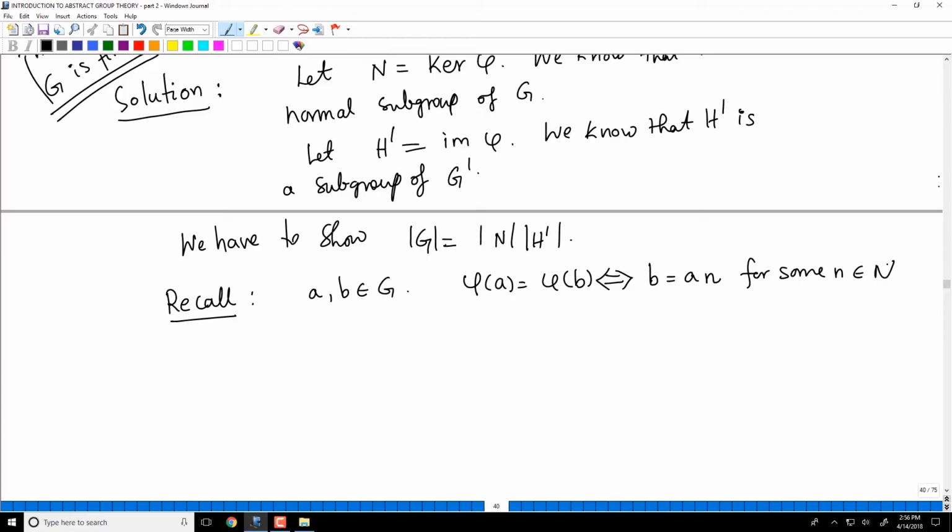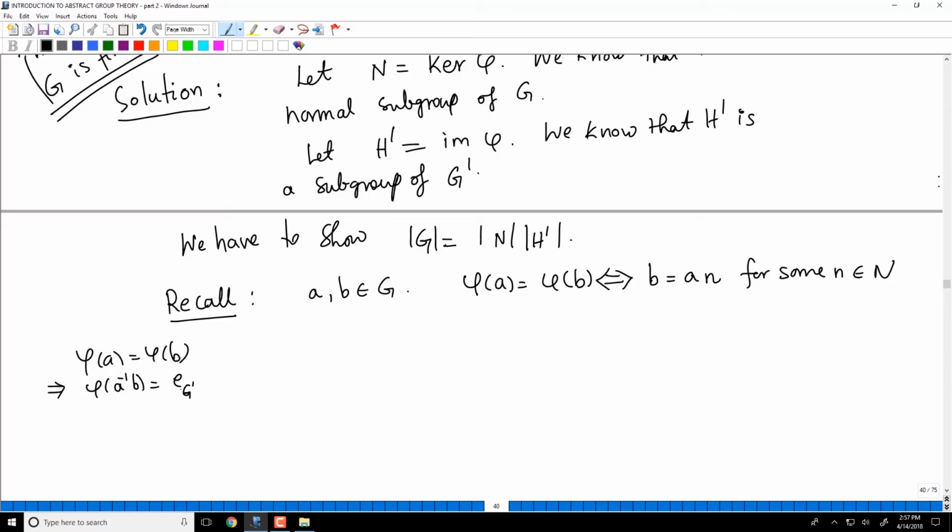Why is this? This was done by us, but let's quickly recall this. I will write it separately. Phi of A is equal to phi of B. That means phi of A inverse B is the identity e of G prime. This is because phi of A inverse times B is phi of A inverse times phi of B, and phi of A inverse is phi of A whole inverse.